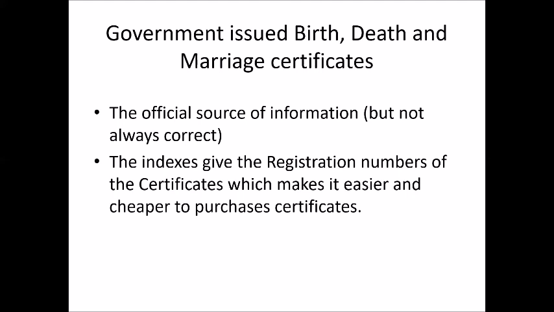Previous to that, information was recorded at a parish level, through the churches. Because Australia, especially Victoria, was settled around the same time that civil registration came in England, civil registration also came to Australia at the same time. So government-issued birth certificates are the official source of information, but not always correct.